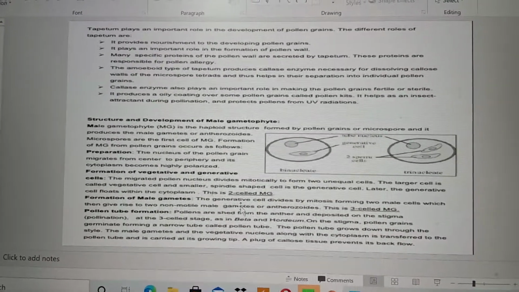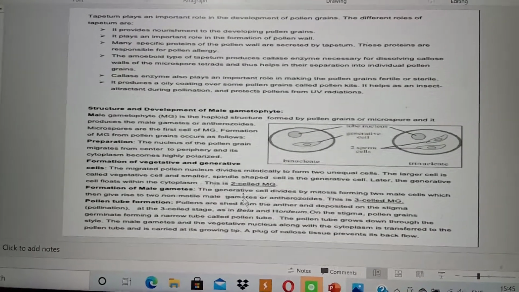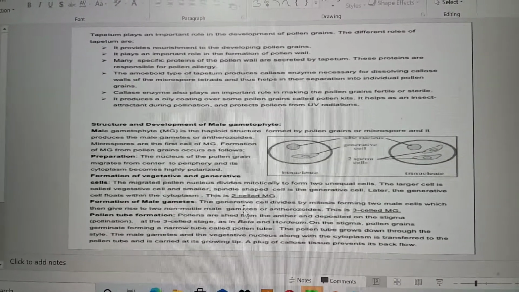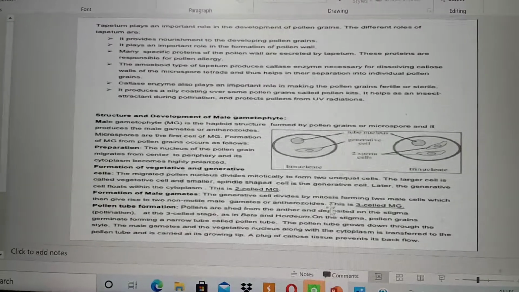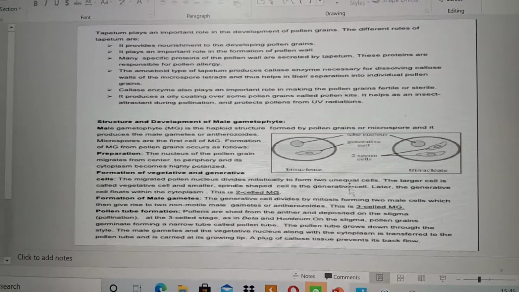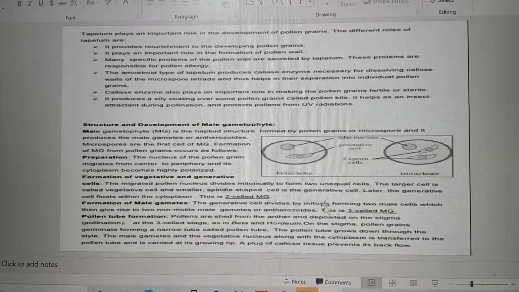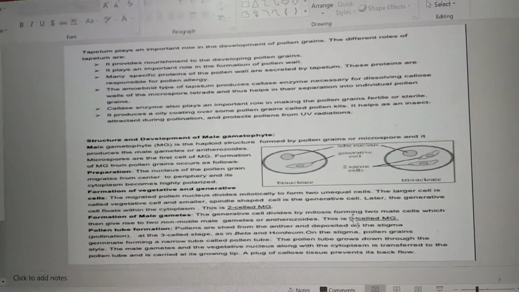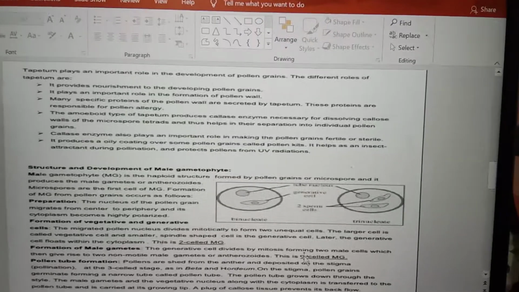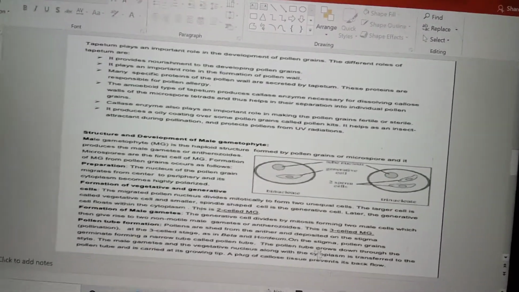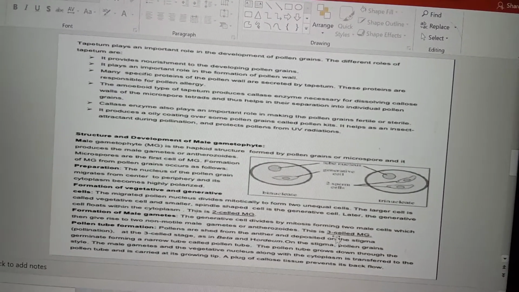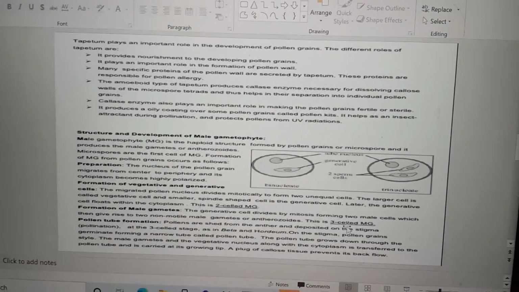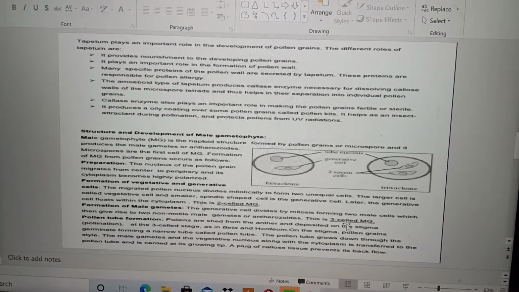But in 40% of angiosperm families, it is shed at a three-celled stage, meaning the generative cell divides into two cells, two male gametes. So ultimately, the microspore or pollen grain is shed from the parent flower at a two-celled or at a three-celled stage.